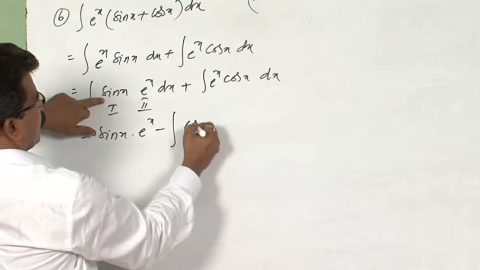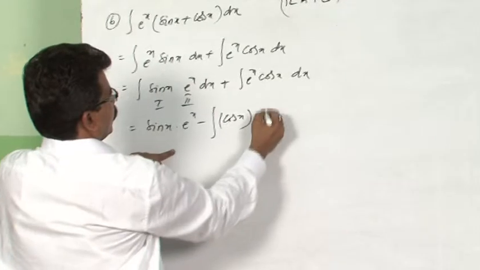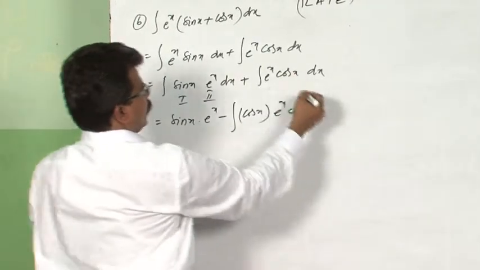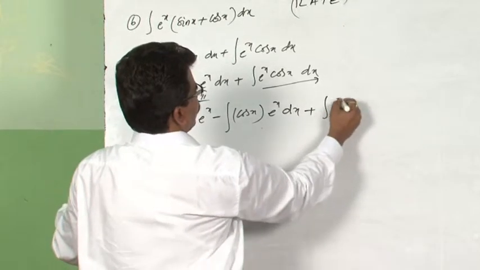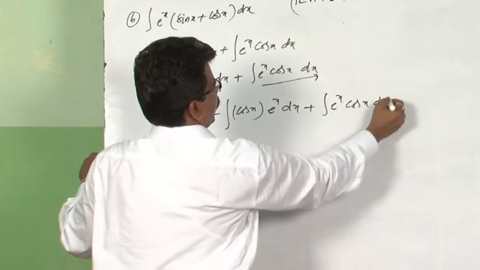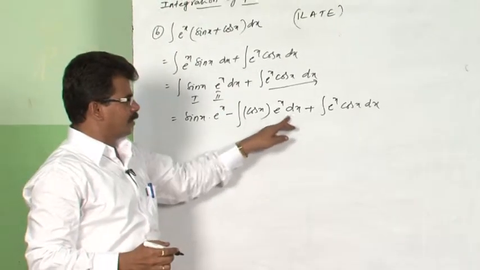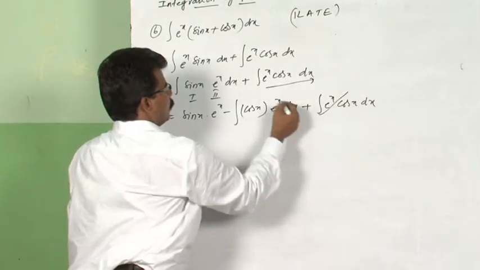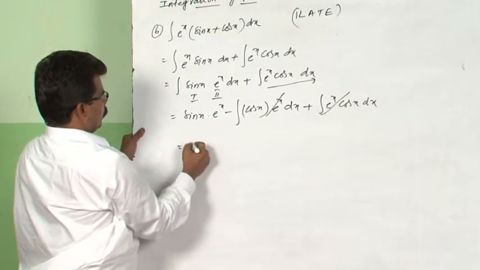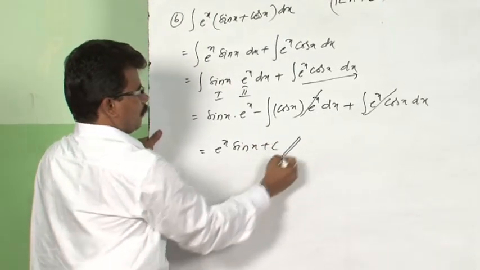The derivative of sin x is cos x, integration of e power x is e power x dx, and this function we will write as it is, plus integration e power x cos x dx. Just observe, integration e power x cos x dx plus integration e power x cos x dx, these two are same, these two will cancel. Therefore, this is equal to e power x sin x plus c, which will be the solution for this.